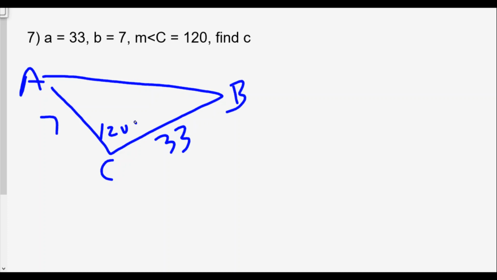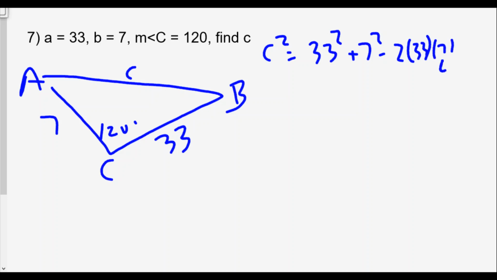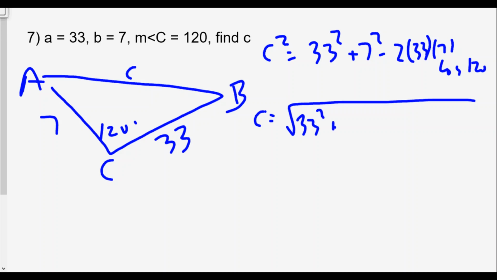And so here we're going to find C. C squared is equal to 33 squared plus 7 squared minus 2 times 33 times 7 cosine of 120. Or we just put everything under the radical: C equals the square root of 33 squared plus 7 squared minus 2 times 33 times 7 cosine of 120.